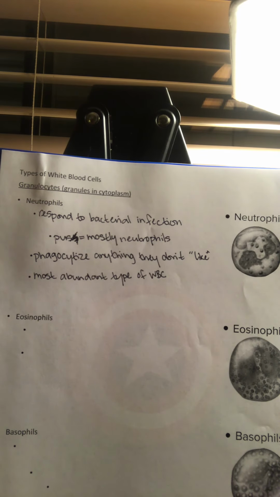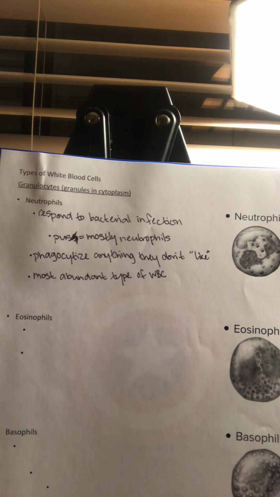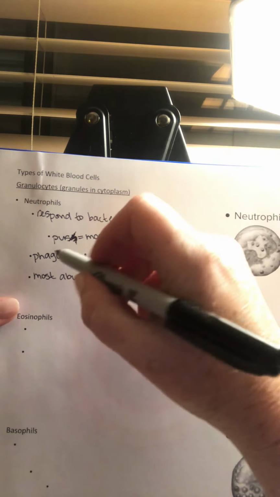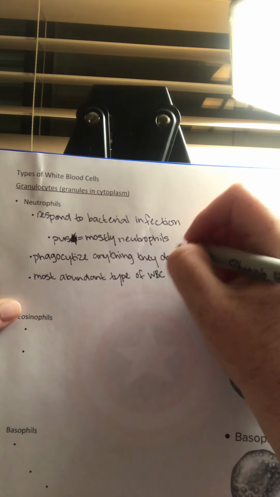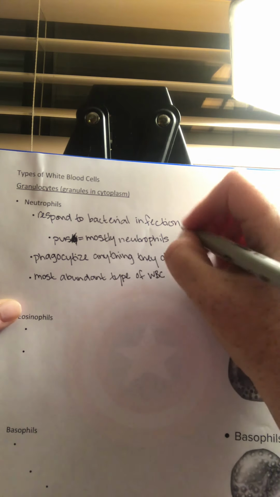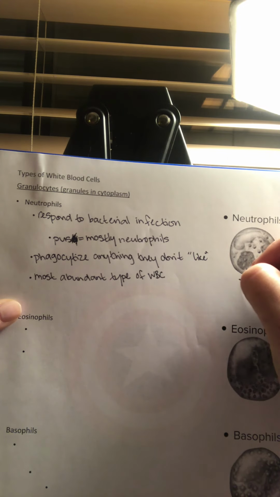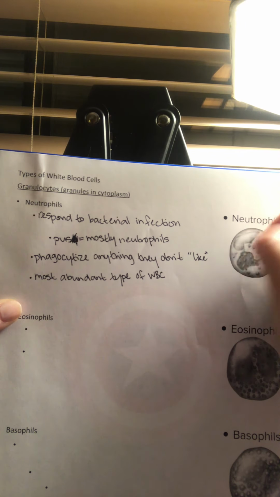A couple of other factors I'm going to include here. It goes along with this really: pus is mostly neutrophils. We know that pus is kind of a yellowish, grayish, brownish color. That's because when neutrophils die, they kind of turn yellowish.